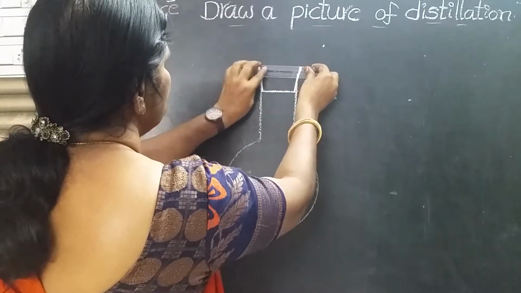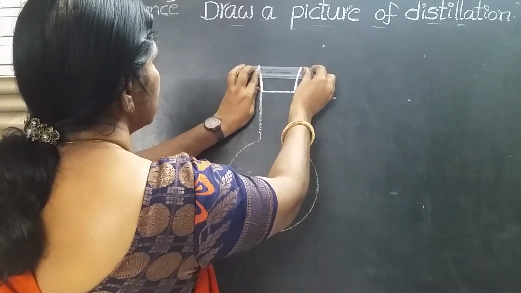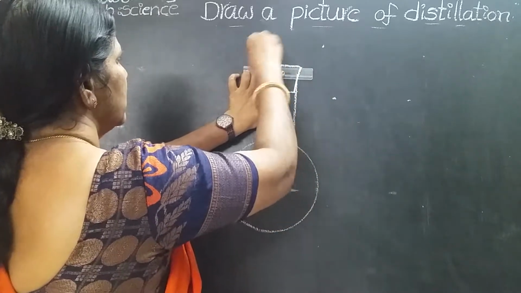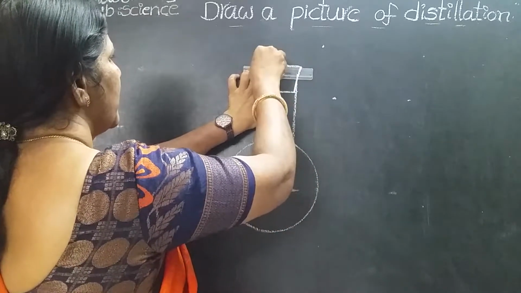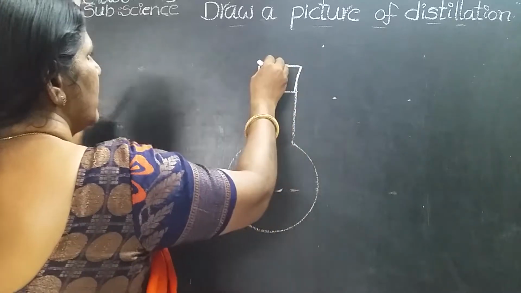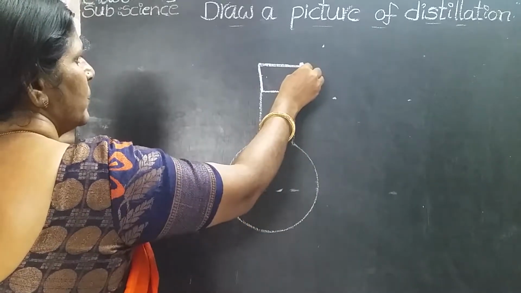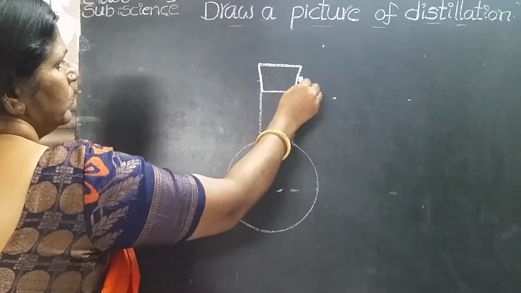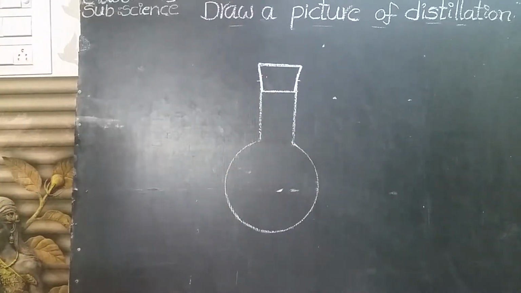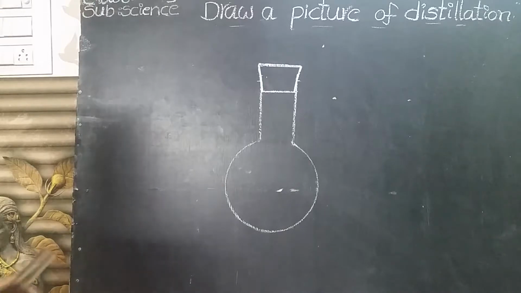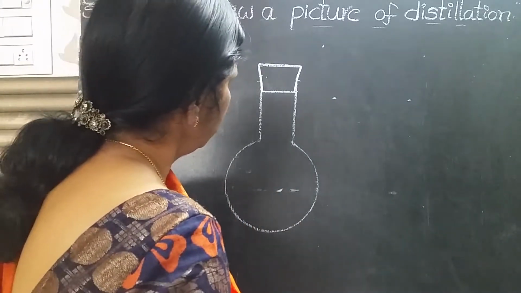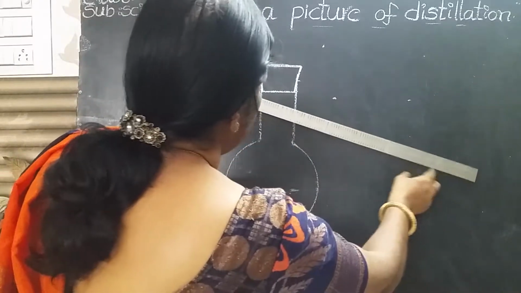You have to join these two lines. Draw like this. Okay. Draw like that. And here we have to draw like this.